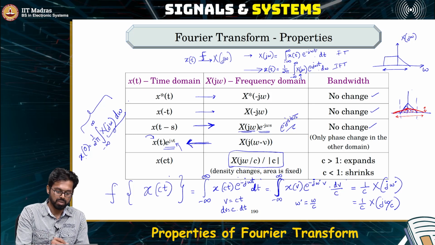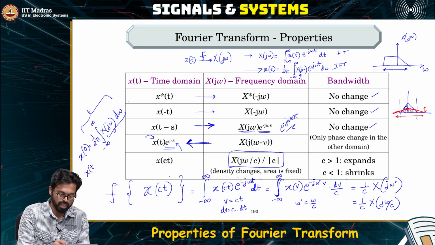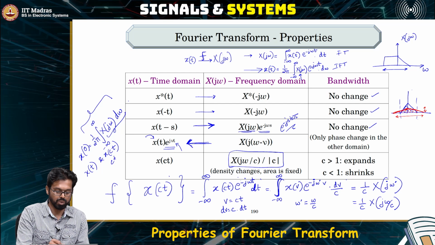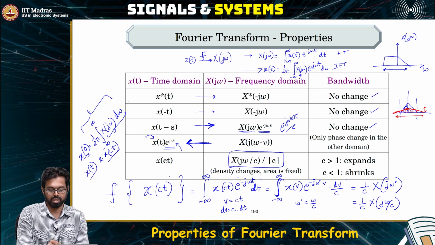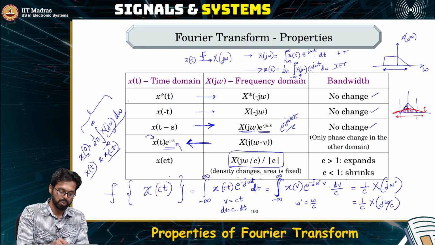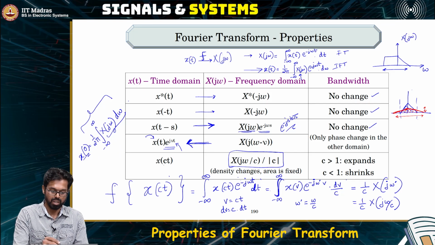Now, this x of 0 is the same for x of t and x of ct for all values of c not equal to 0, right. So, the x of 0 point is the same for the time scaled signal and the original signal, which means that it should not change no matter what the value of c is.